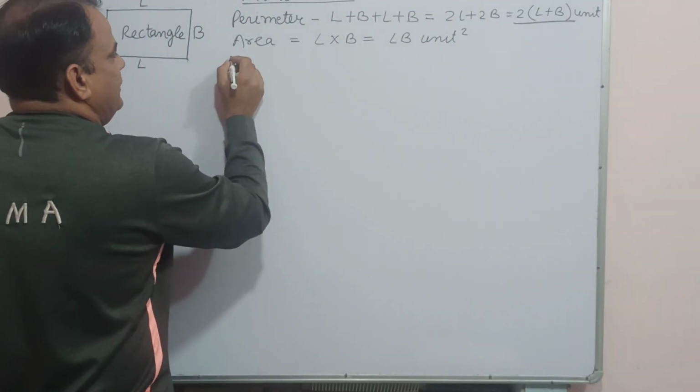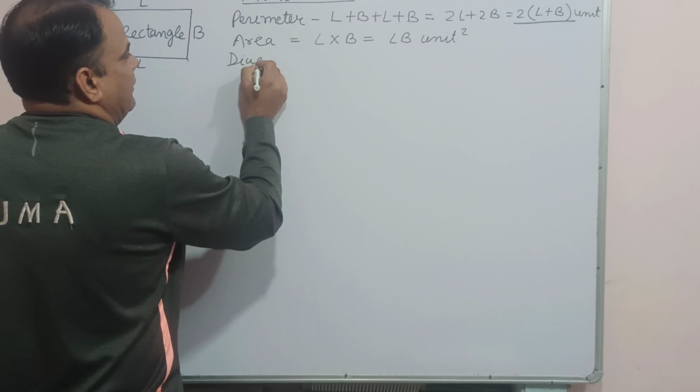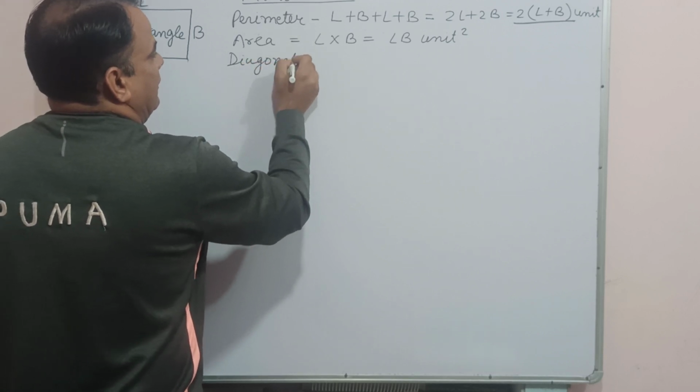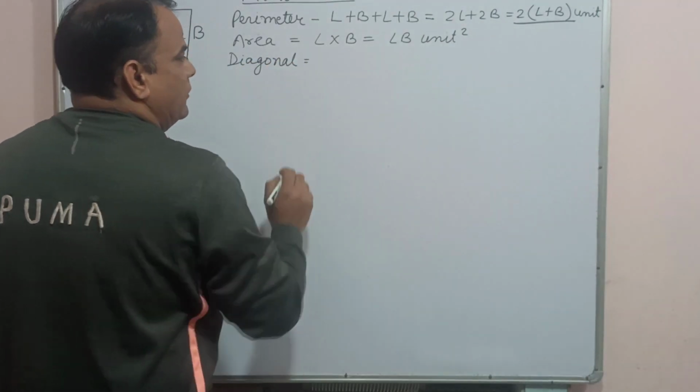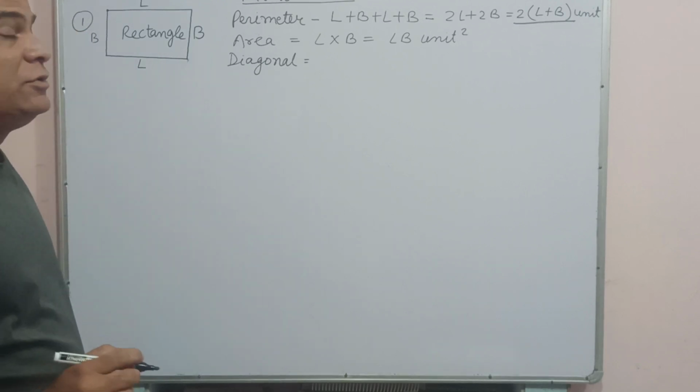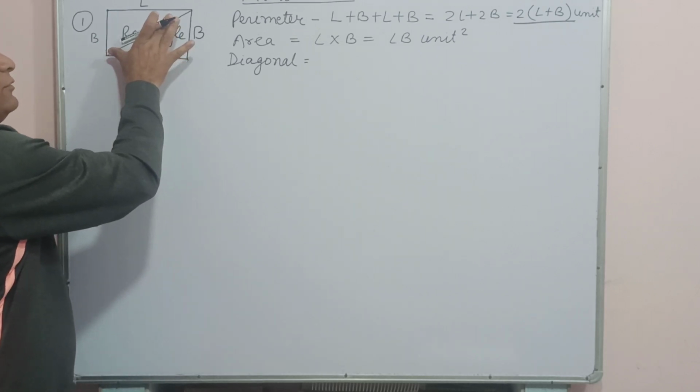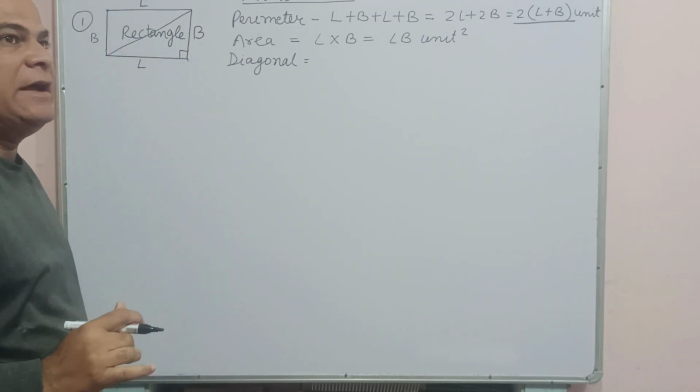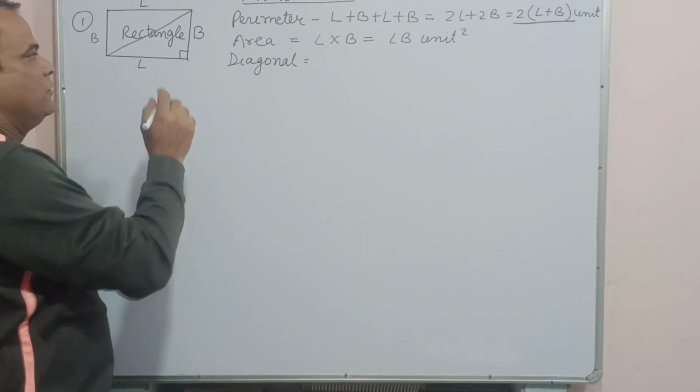Now diagonal. We have learned about the Pythagoras theorem. We know that this is a right angle, and in a right angle we can find the value of this side, that is known as hypotenuse, with the help of Pythagoras theorem.